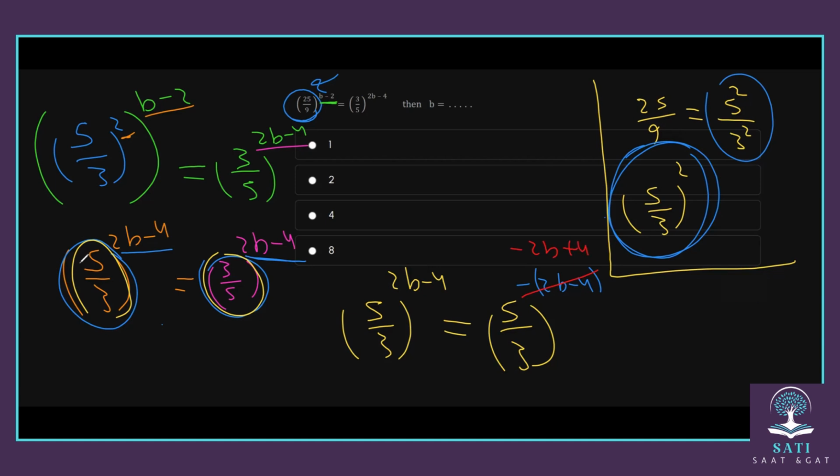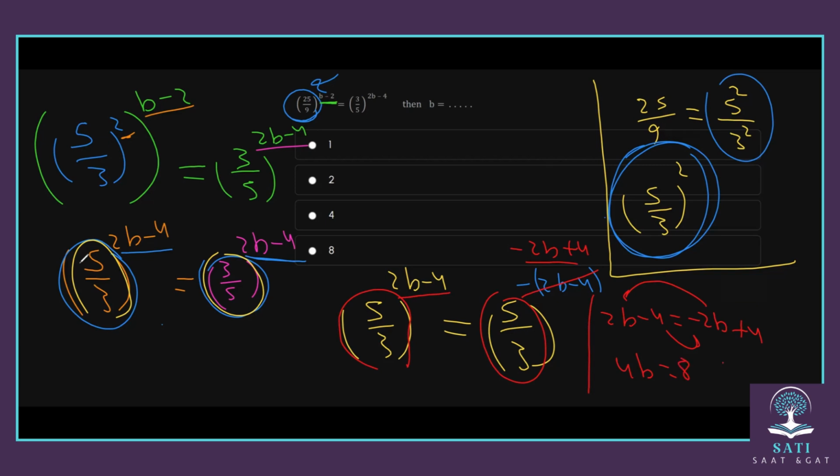Now, as you see, you have two bases the same and two different powers. If you have two bases the same, that means the powers equal each other. So if you solve, 2b minus 4 equals the right side power, which is negative 2b plus 4. Send the b here and the 4 there. 2b plus 2b is 4b, and the 4 there gives 8.